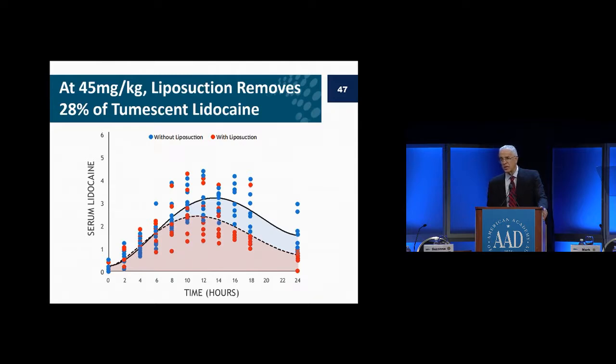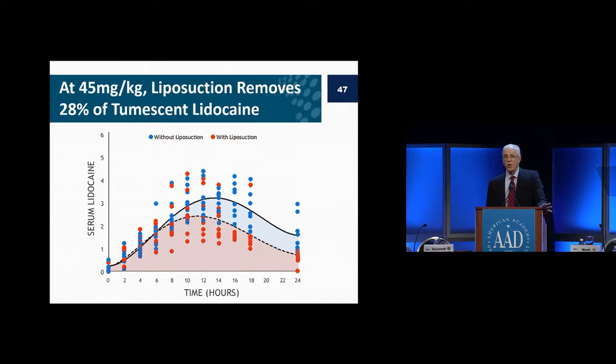And amongst the subset that received 45 milligrams per kilogram of lidocaine without and with liposuction, we could see the difference here. Here, the pink areas show the average concentration over time with liposuction, the blue without liposuction. And it indicates that at least 28% of what we give a patient for liposuction is removed by liposuction.